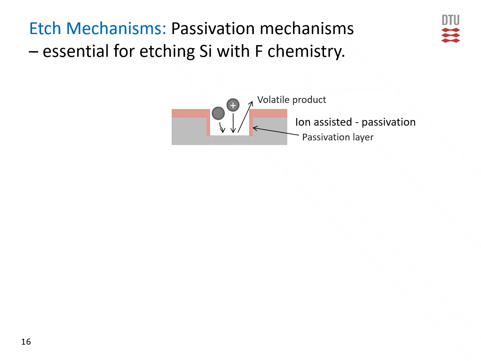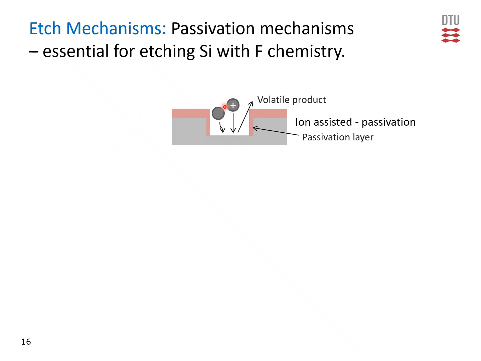Because etching silicon with fluorine is something that we would like to keep doing, because it's etching very fast, and often we need to etch very deep in silicon, so it's good to have a gas that etches very fast in silicon. So to avoid getting isotropic etching, we need this passivation mechanism.